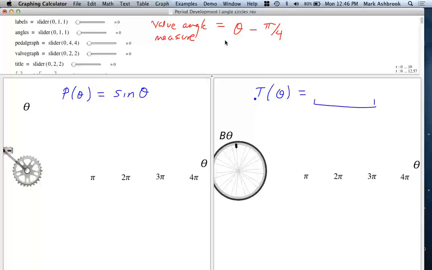Can you do that? T of theta is going to output the vertical distance above the horizontal diameter, outputted in radian measure.